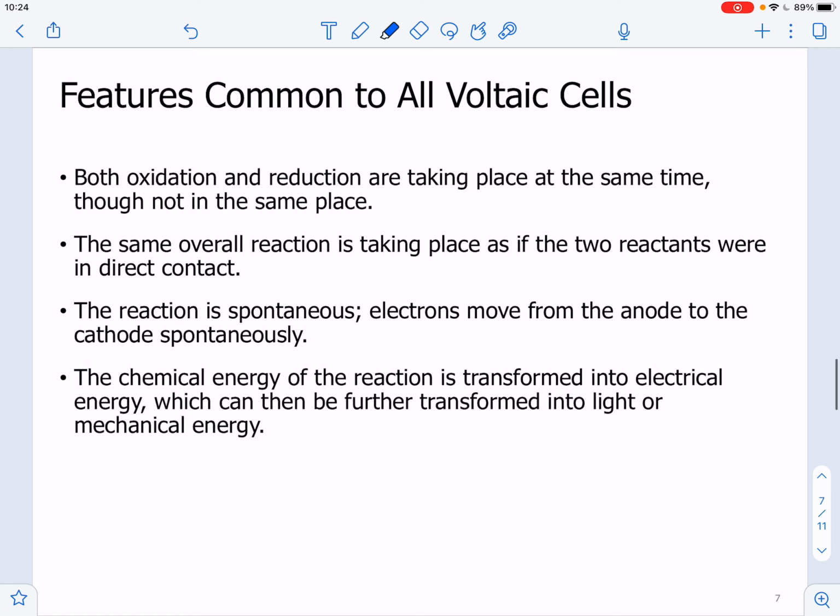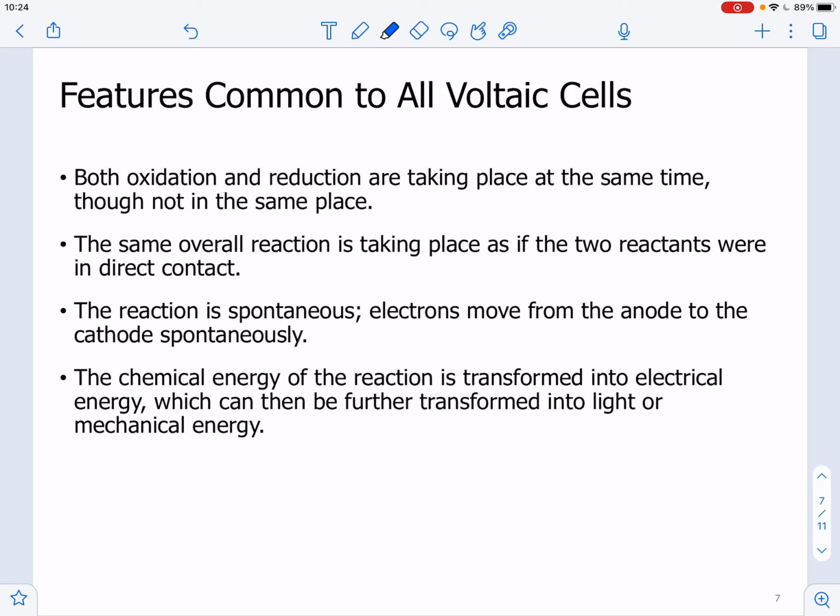What's common in all these voltaic cells? Well, number one, you are using redox reactions, so the reduction and the oxidation reactions happen simultaneously. Now the reactants are not in close contact, so that's why you have the salt bridge and the wire.